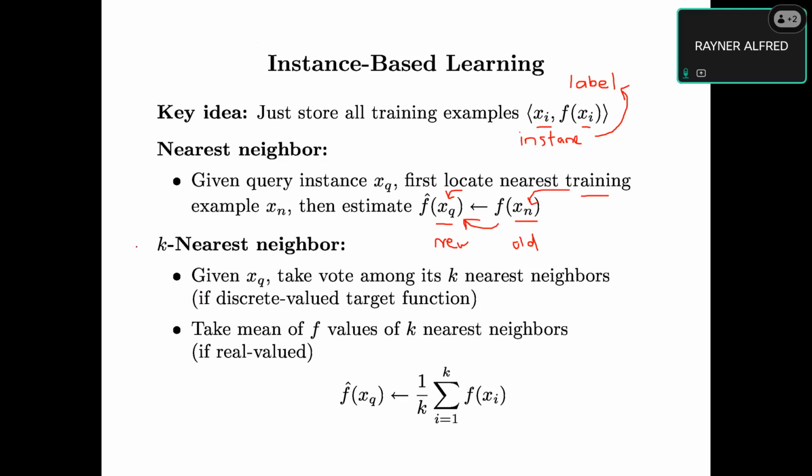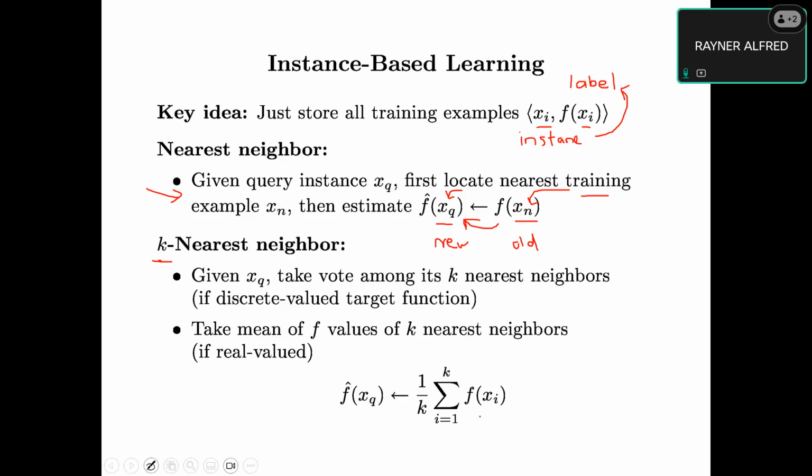If you want to define K, in this case it's only one. The K here refers to more than one nearest neighbor. For example, if K equals 3, then we pick the 3 nearest neighbors, and then we take the label, whichever is the majority, and put that label into the new item that we have.